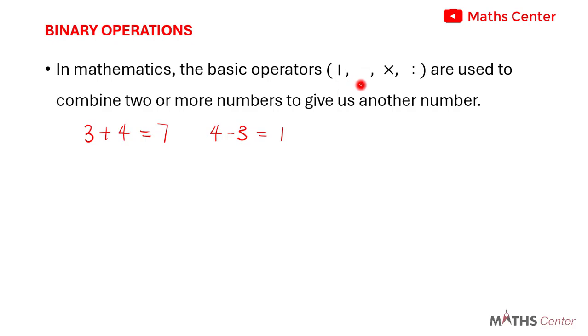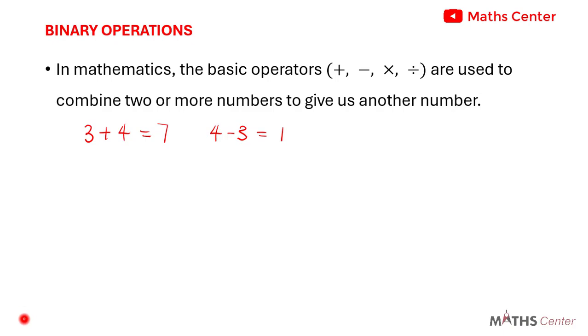These four basic operators have standard definitions that are known worldwide. So 3 plus 4 means that we should add 3 to 4. 4 minus 3 means that we should subtract 3 from 4. These meanings are known and accepted worldwide.